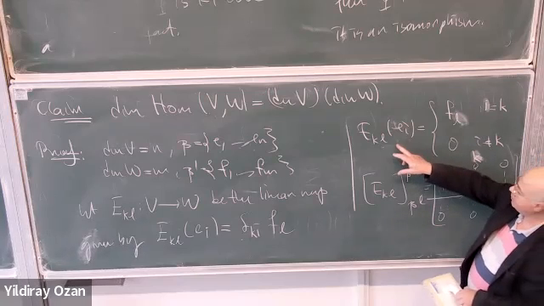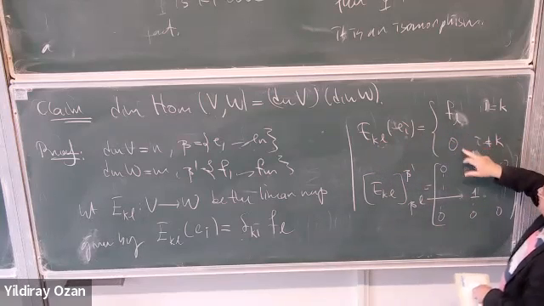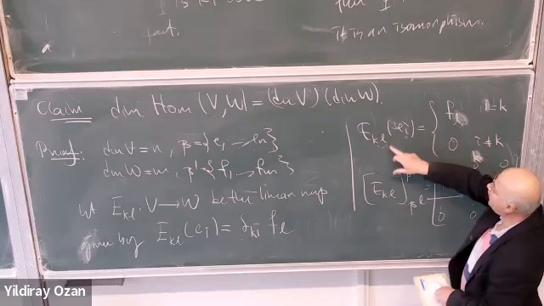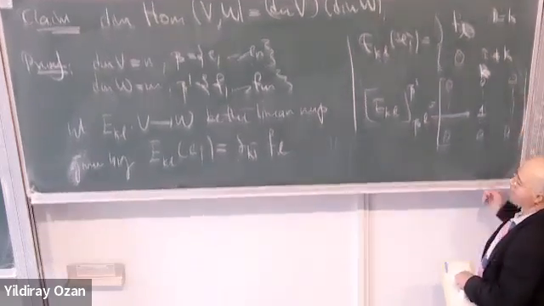So this linear map maps every basis element to 0 except the kth one, and the kth basis element of V is sent to the lth basis element of W.